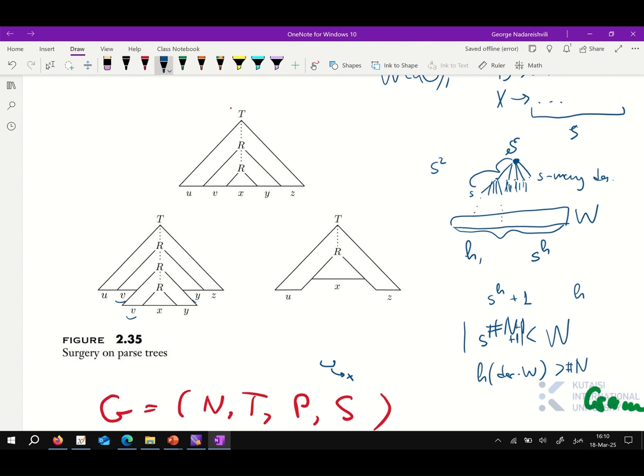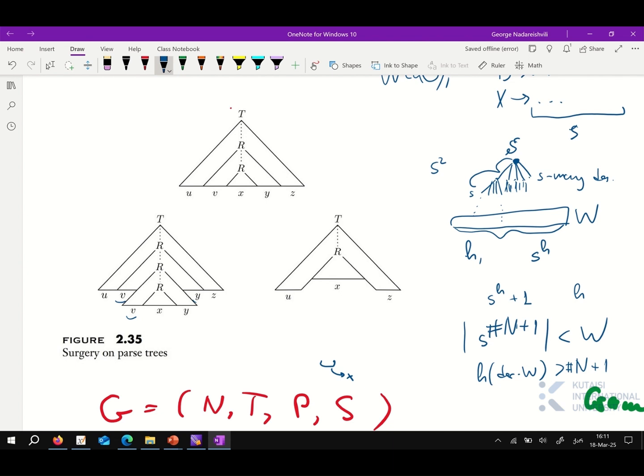Let's take this for my pumping length, so we're on the safe side. And if your w is longer than this, then the height of the derivation tree is bigger than the number of non-terminals plus 1.